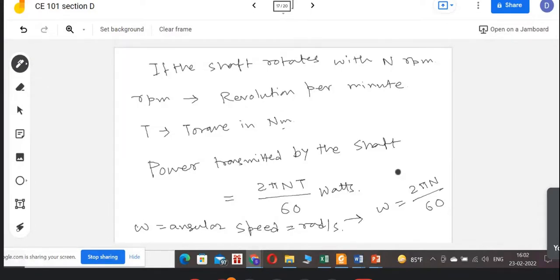That's why this 60 comes. And revolution means it is rotating 360 degrees, so that's why this 2 pi comes to make it in radian. So omega into T, if we multiply the torque into the angular speed, we will get how much power is transmitted by the shaft, and the unit will be watts. Okay, so please write down this expression as well. The power transmitted by the shaft is 2 pi nT by 60, and the unit is watts.